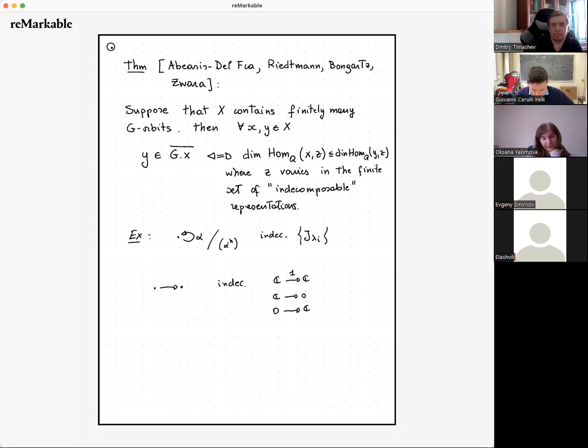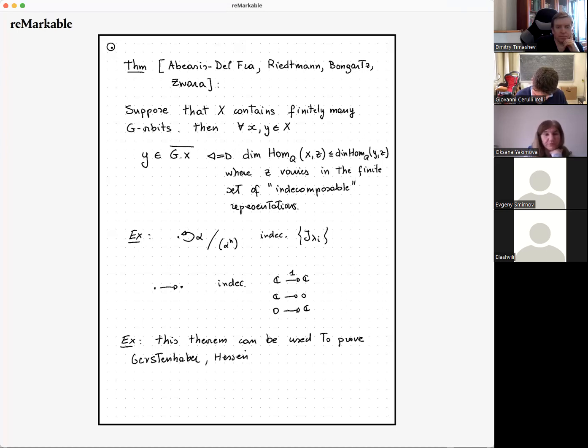Okay, and so this description is very useful. So let me recall, for example, one success of this. For example, this theorem can be used to prove the Gerstenhaber-Hesselink theorem on conjugacy classes.